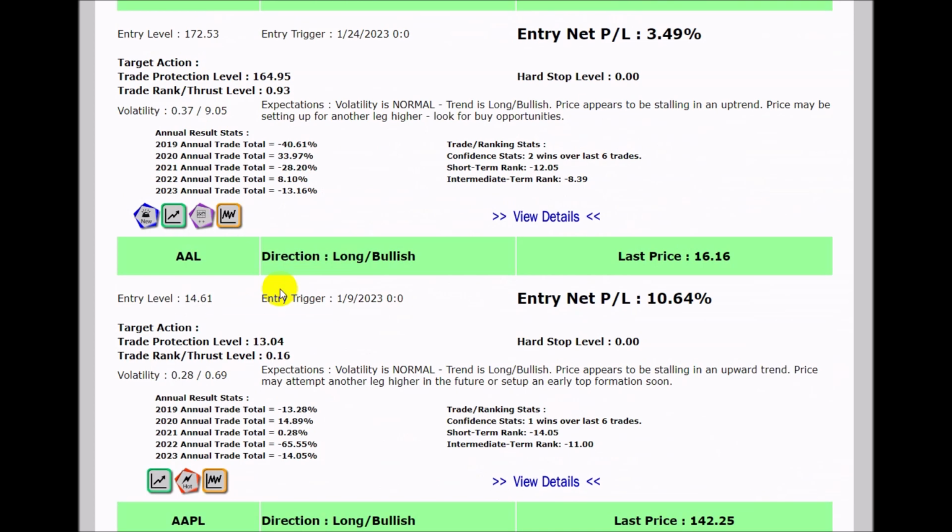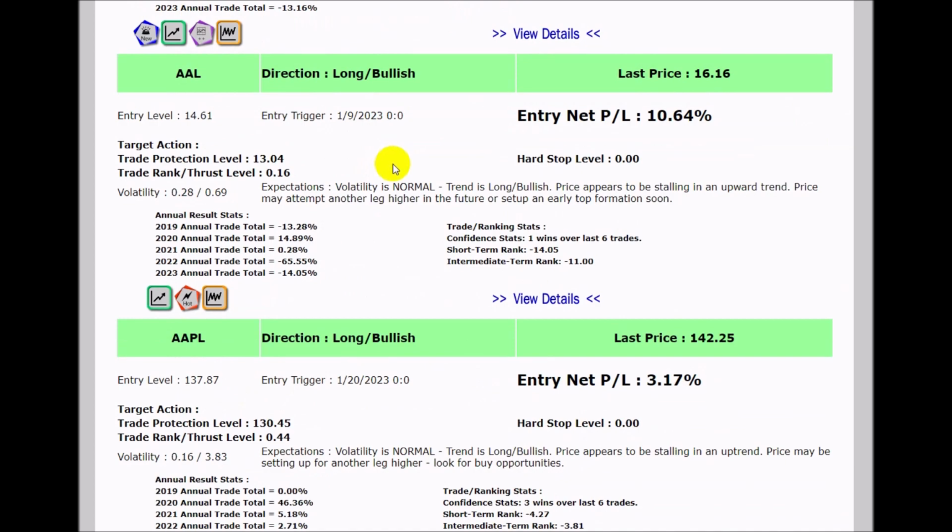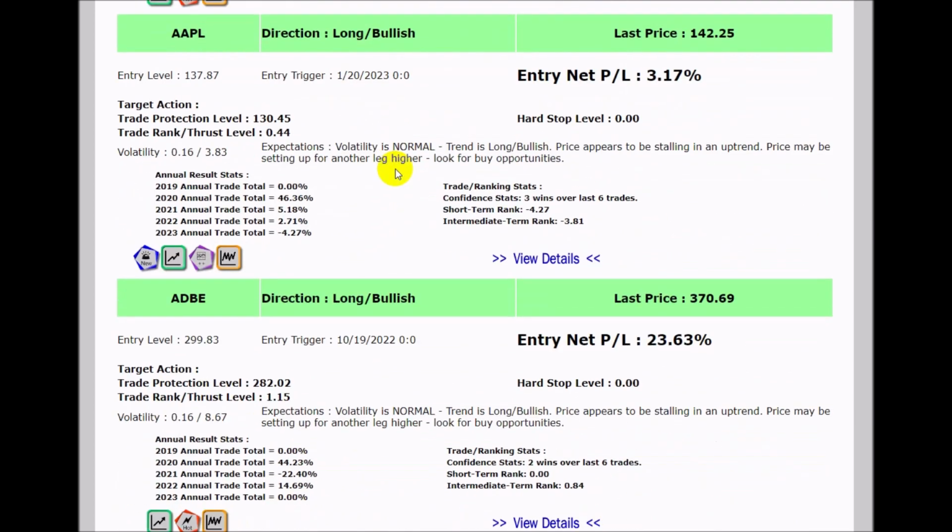The rotational modeling system will always produce triggers because it's always either long or short. It's never flat. But the pure alpha and the standard modeling system will not produce a bunch of trades when the markets are flattening out or going sideways. Things tend to get very, very quiet.